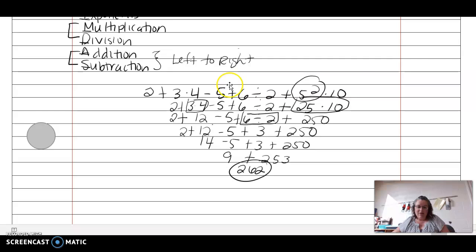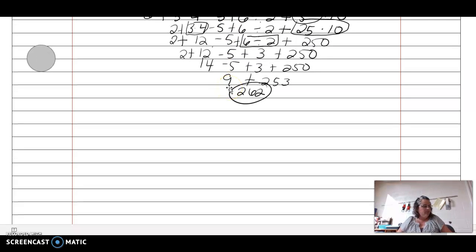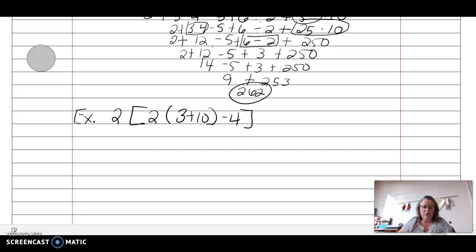So let's go through some examples that have some grouping symbols in them. So for example, if we have 2 times a bracket, 2 times the quantity 3 plus 10 minus 4, close the bracket, all to the second power.